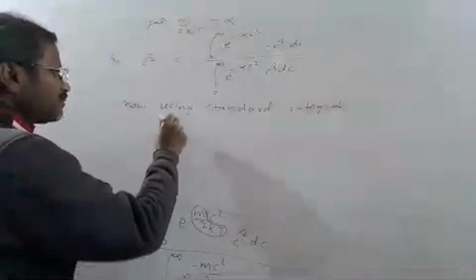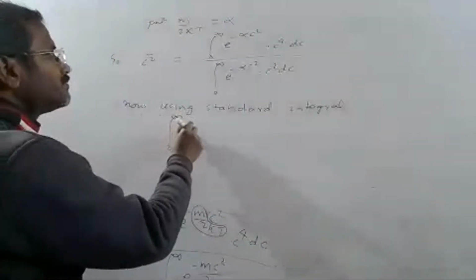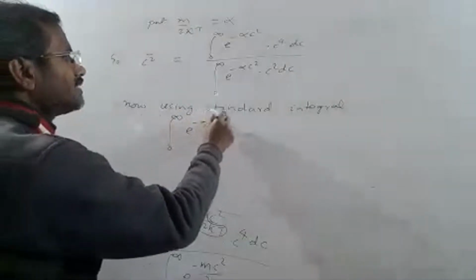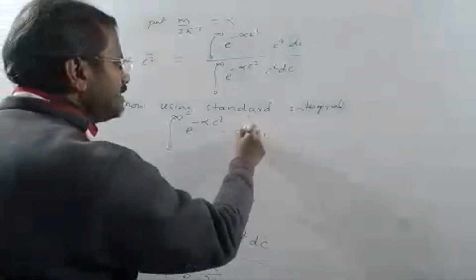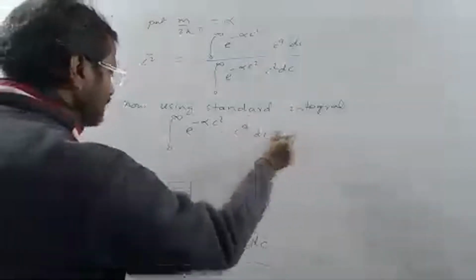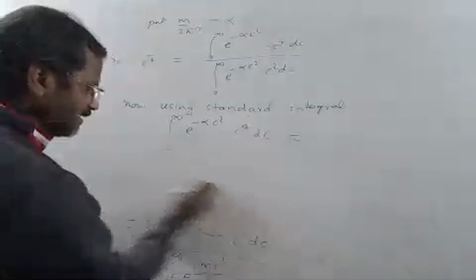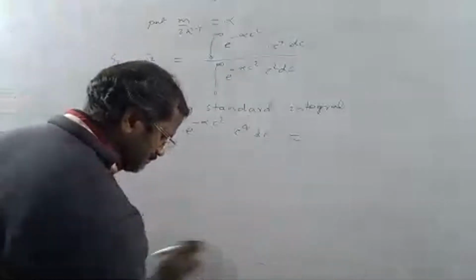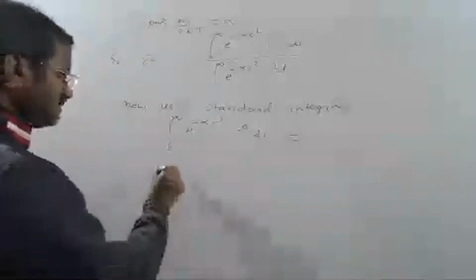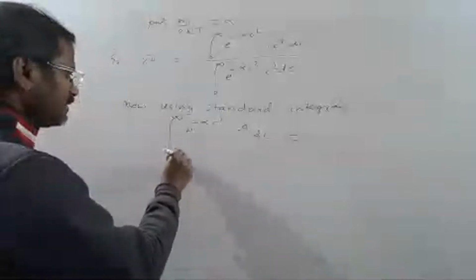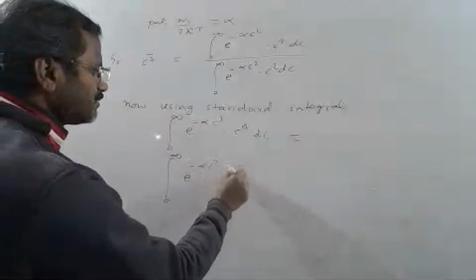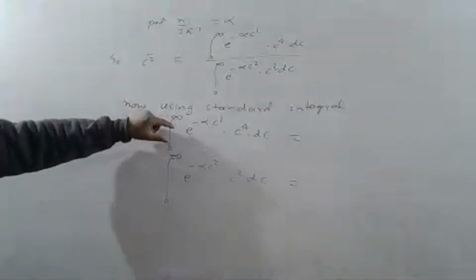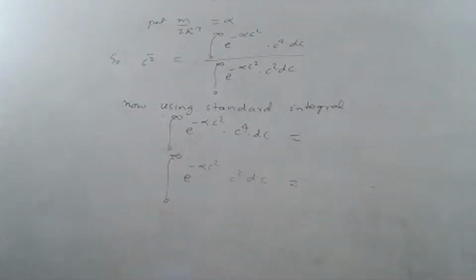This is 0 to infinity e to the power minus alpha c square into c to the power 4 dc. This is one term, and the other term is from 0 to infinity e to the power minus alpha c square into c square dc. These two are the standard integrals.